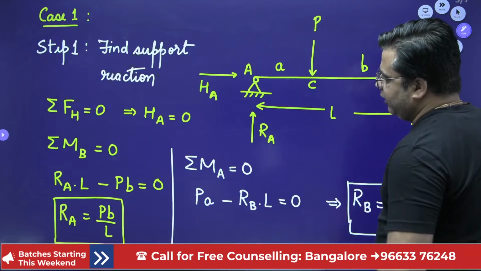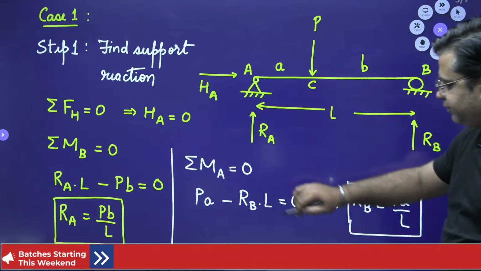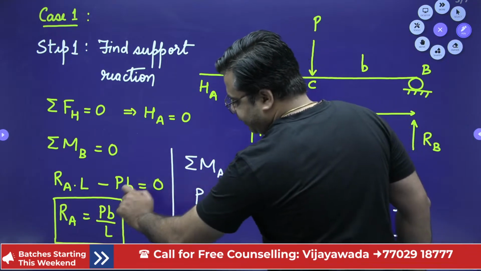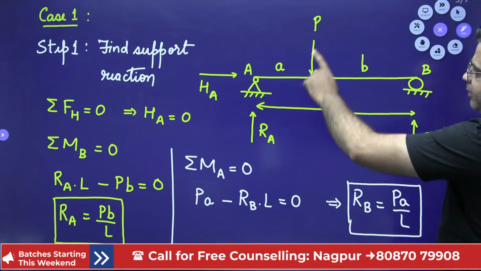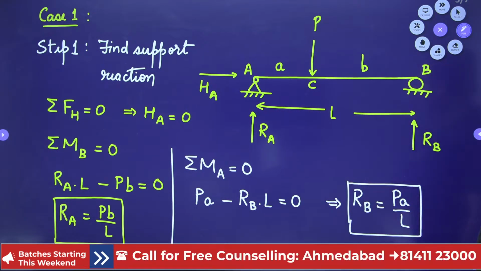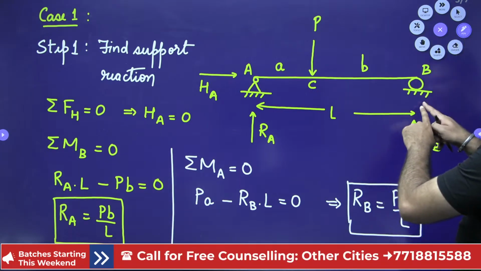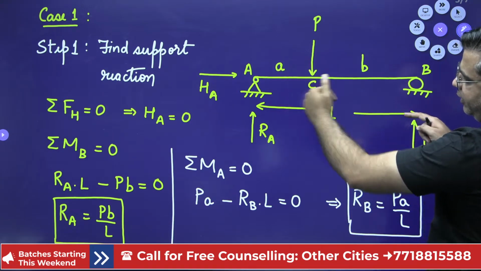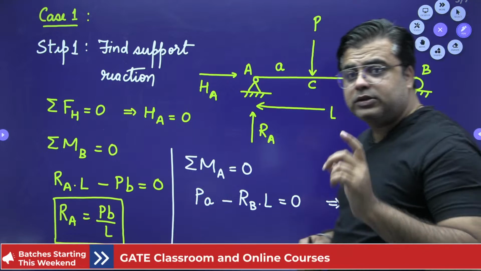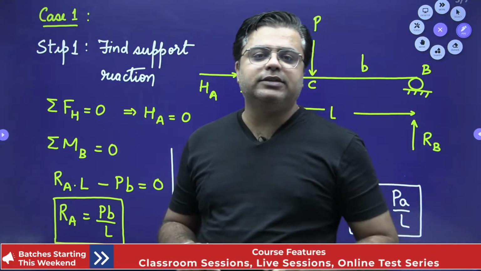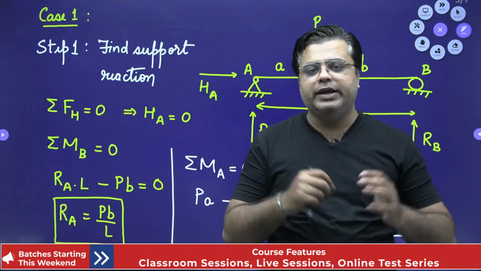When you have calculated the support reaction, suppose you have calculated the value of RA, RA is nothing but load into this distance divided by L. And for calculating RB, RB is this side, so you have to take load multiplied by A divided by L. This direct formula will help you to calculate the support reactions when n number of loadings are there.